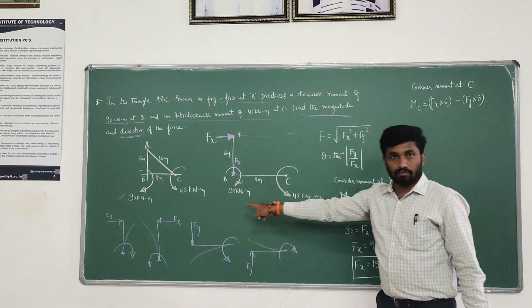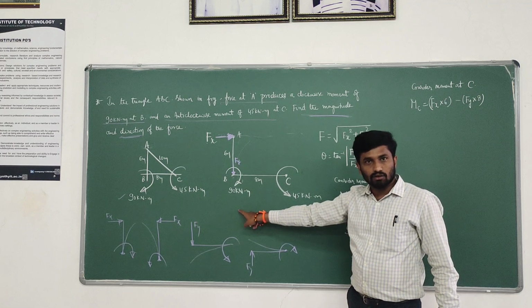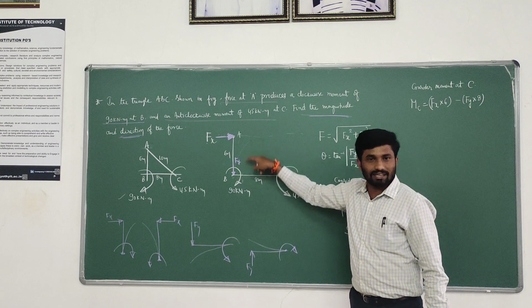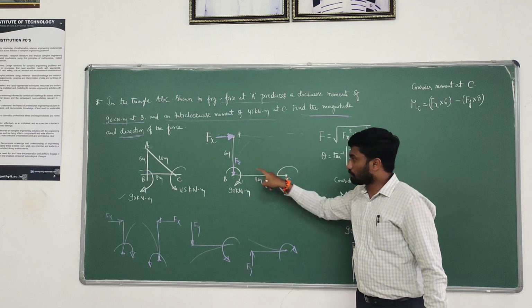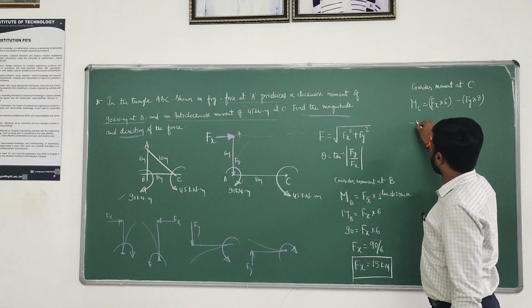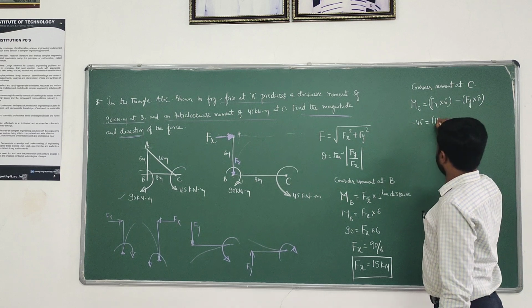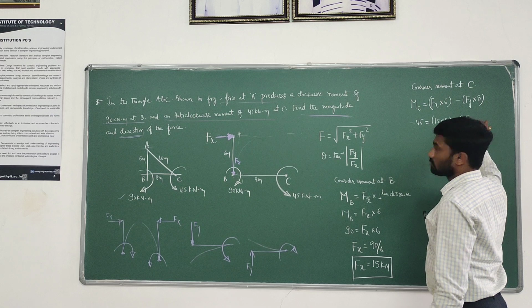Have you considered my plus 90? Plus 90 is also there? No, only these two forces, Fx into 6, because it's already considered a force. So moment at C is responsible of these two forces, which means MC is minus 45. We know Fx value. Fx is 15 into 6 minus 8 Fy.